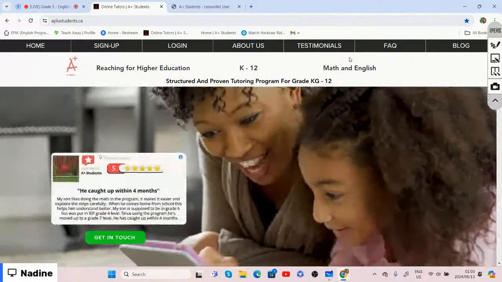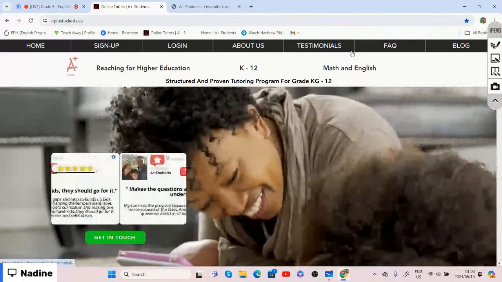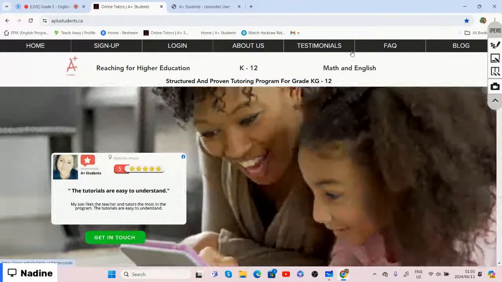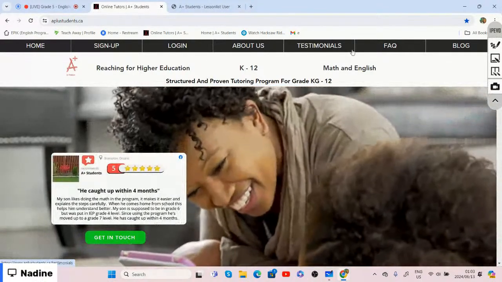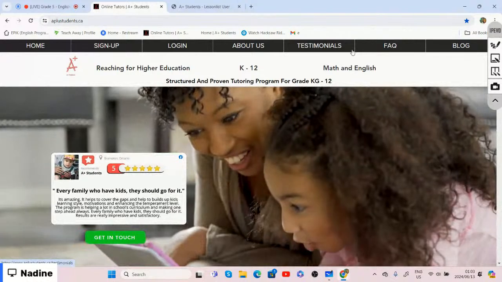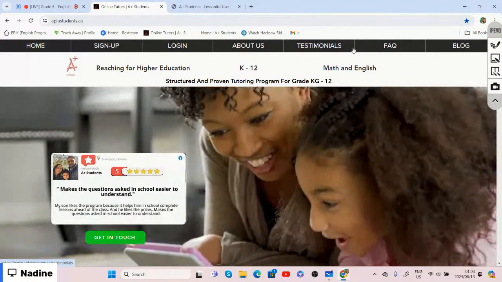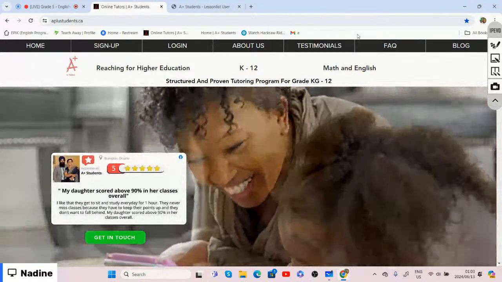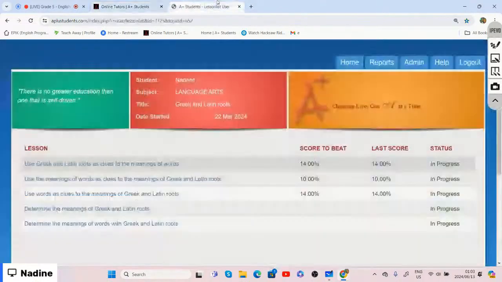Once you've logged on with our username, we're going to select the subject of English Language Arts, grade 5. Then we scroll down until we get to the chapter of Greek and Latin roots.